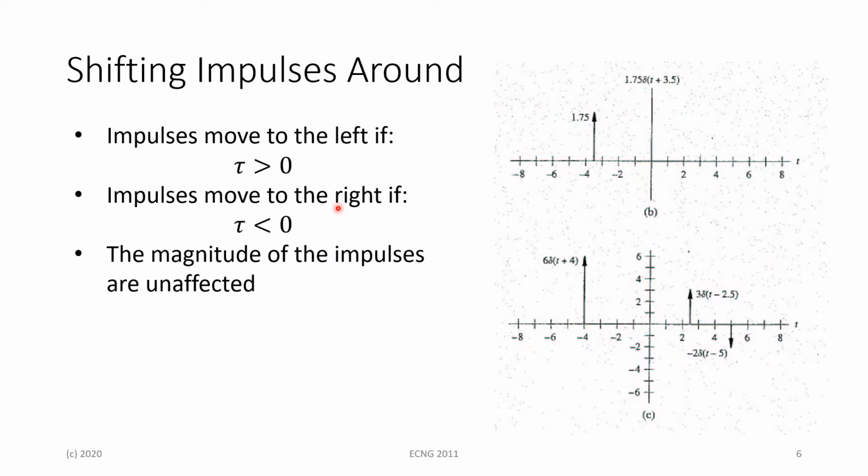I mixed them up, but just remember visually that when tau is more than 0, it's an advance, and when tau is less than 0, it's a delay. Advances are towards the left, delays are towards the right. In doing the time shifting, the magnitude of the impulses is unaffected. All we do is physically shift the impulses left and right.